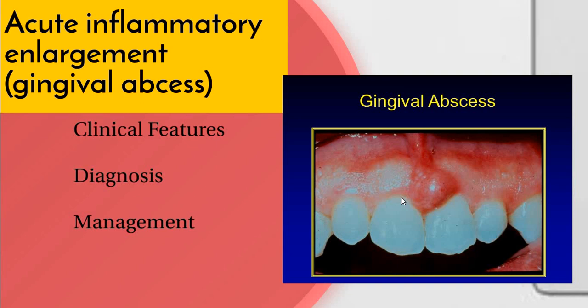And one of the most important features here is that the adjacent teeth are sensitive to percussion. So this is taken into consideration during diagnosis. When we see a red swelling with a shiny surface associated with pain, it will give a clue to the diagnosis.